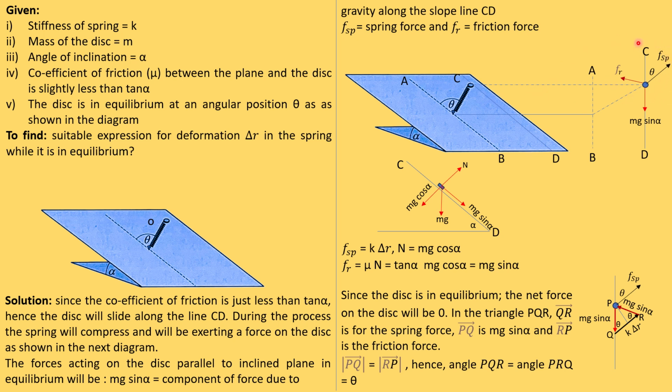This is the diagram made when we look at the disk perpendicular to the inclined plane, so the CD line has become vertical. mg sin alpha, which was acting here, we show like this. The angle theta along which the spring force F_sp acts is here. And F_r, we have taken the friction force in a random direction.